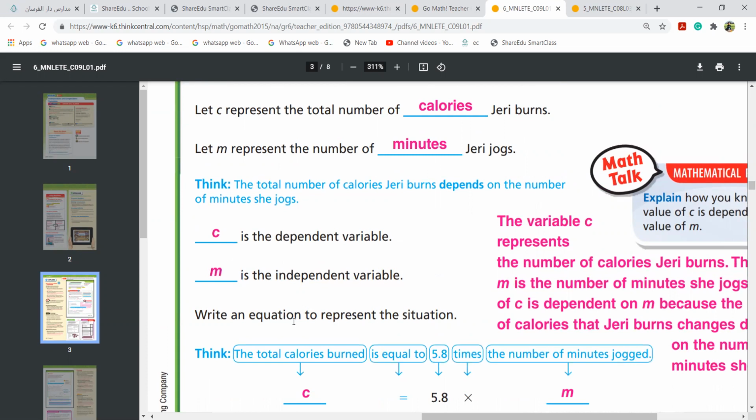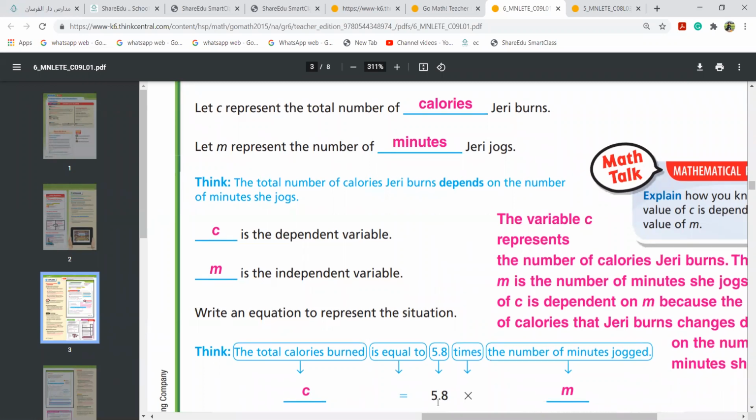Yeah, Miss. But the calories will be 5.8 always. I mean, the burnt calories will be 5.8 times M. This 5.8 you will not be changing. That's why it is dependent.